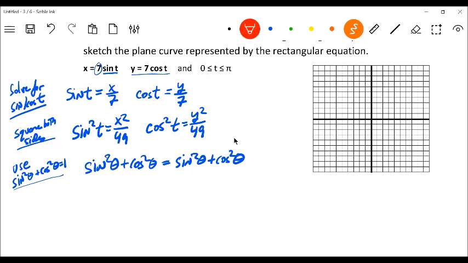But here's what it lets us do. It lets us take this and put it in here. It lets us take this and put it here. And all of this becomes 1.